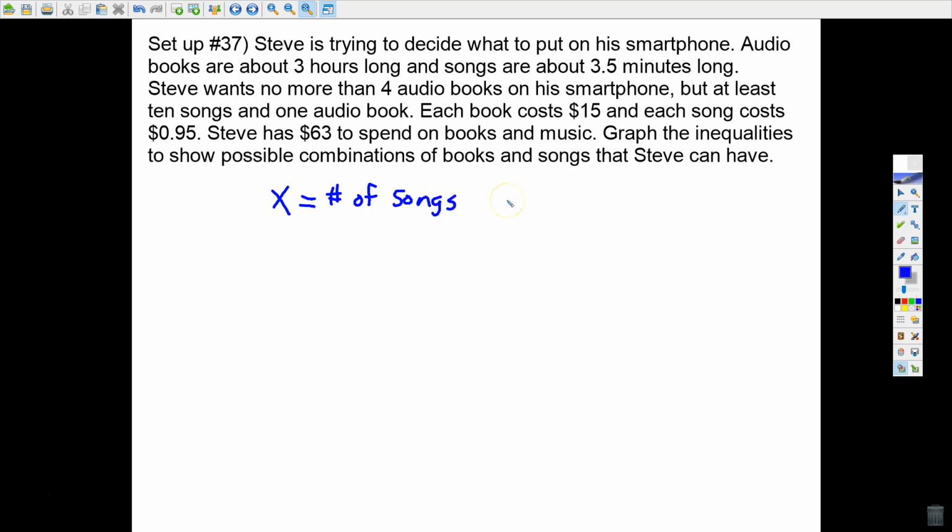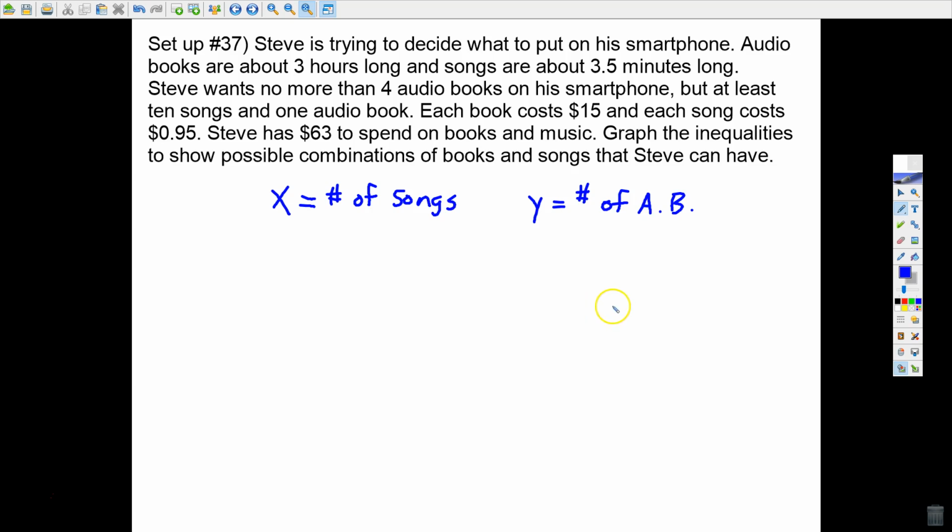We're dealing with two different quantities here, songs and audiobooks. So if you switch these, it would be okay. X will be the number of songs, Y will be the number of audiobooks.